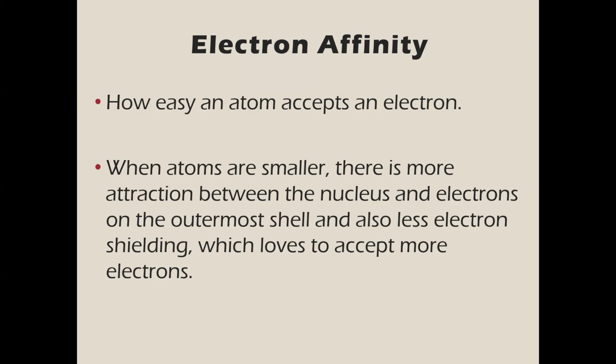So as atoms are smaller, there is more attraction between the nucleus and the electron on the outermost shell, and also less electron shielding. So the atom will love to accept more electrons, the opposite of the ionization energy.